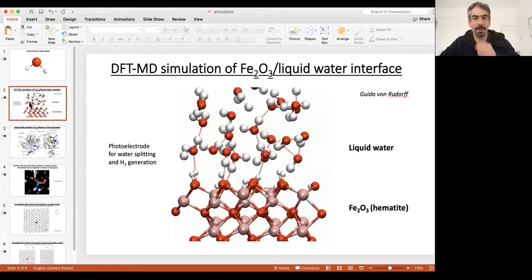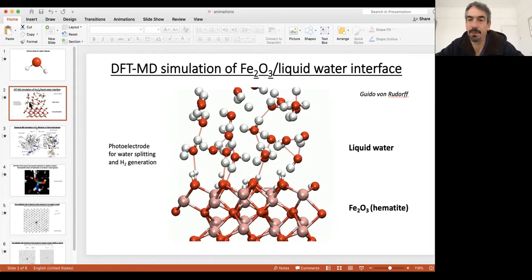Last time I showed you this, and this is a very nice example of simulating something that has to do with renewable energy generation. There is an interest to convert sunlight into chemical energy.